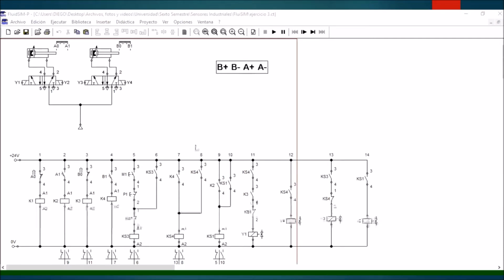For the next part of this group, we have two open switches and one closed switch. This interrupter is to knock down the signal.